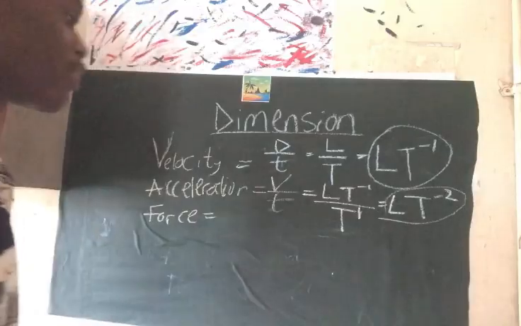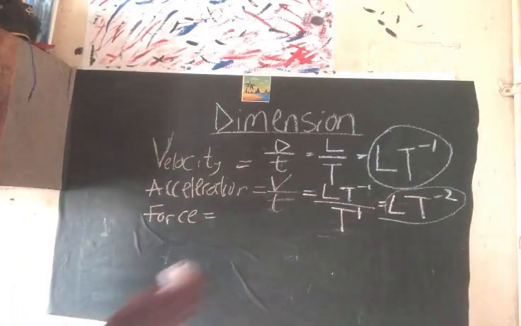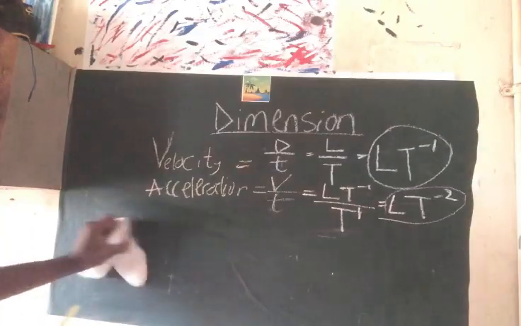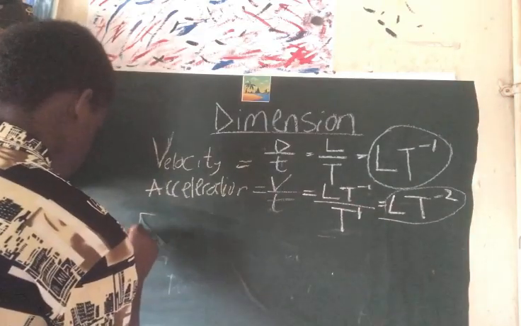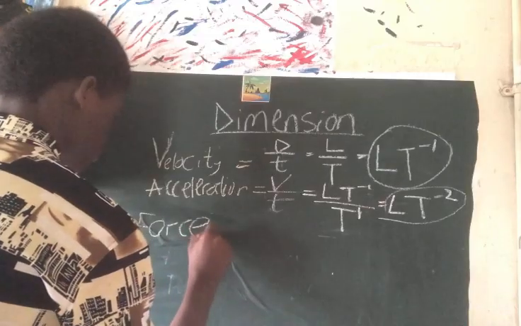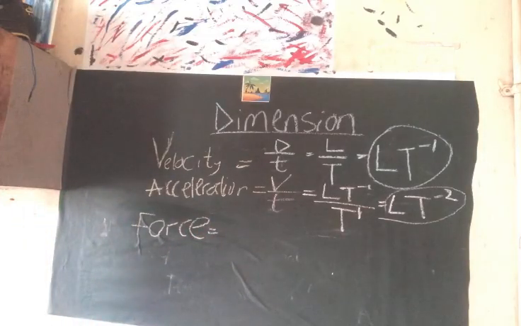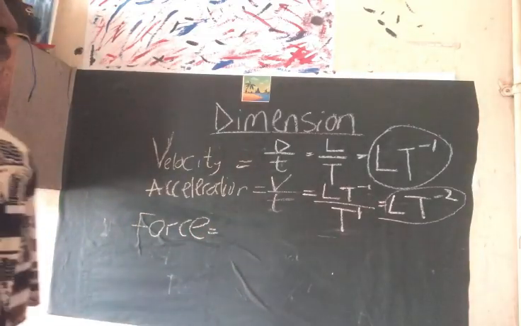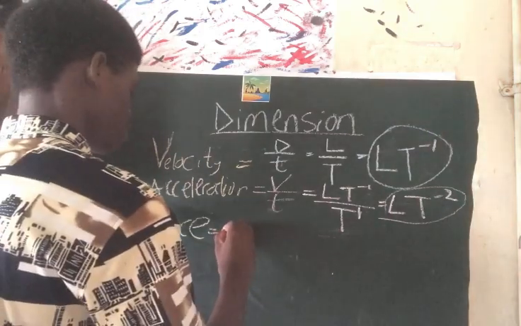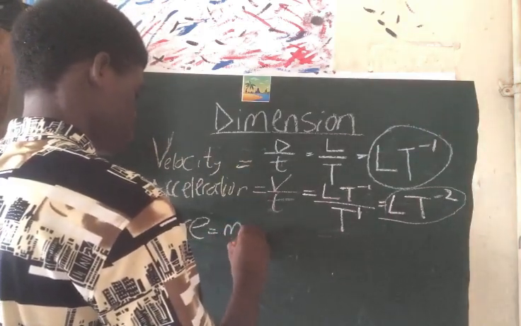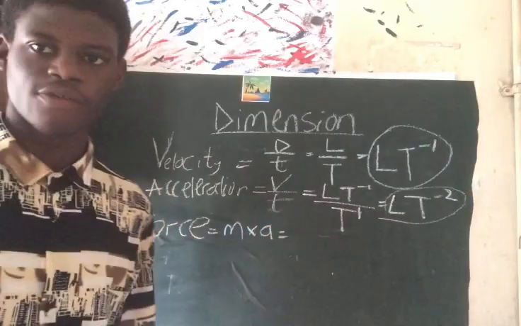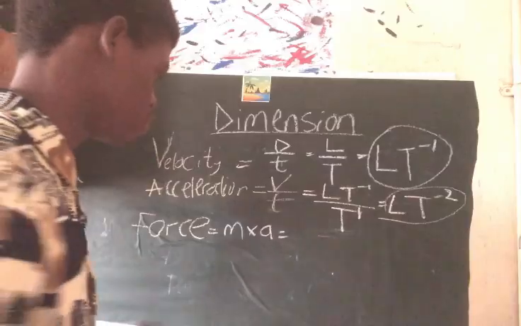And for force, let me write it. For force also, you need to know this one offhand. What is force? The formula for force is mass times acceleration, right? So that's mass times acceleration. Mass is a fundamental quantity, so we are going to represent it as m.